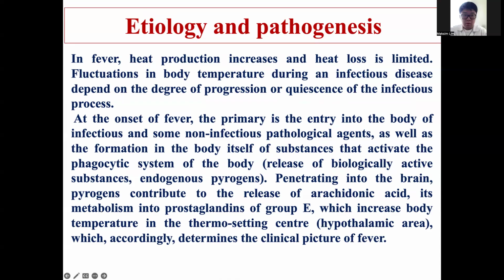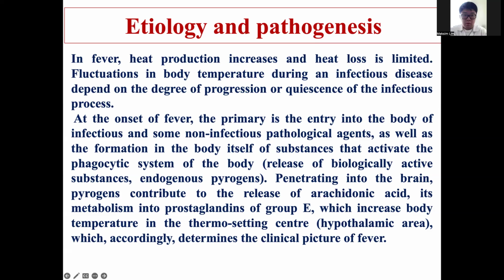The onset of fever is, primarily, the entry into the body of infections and some non-infectious pathological agents, as well as the formation in the body itself of substances that activate the phagocytic system, releasing biologically active substances, endogenous pyrogens, penetrating the brain.